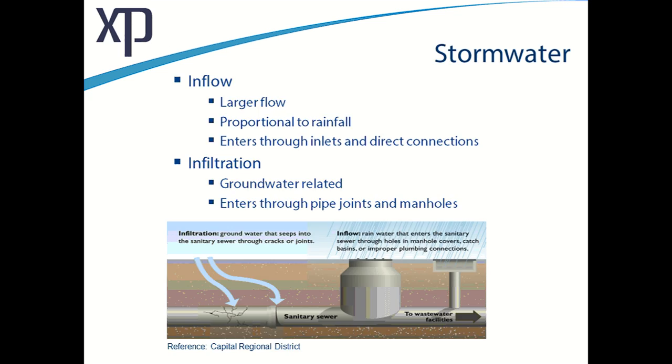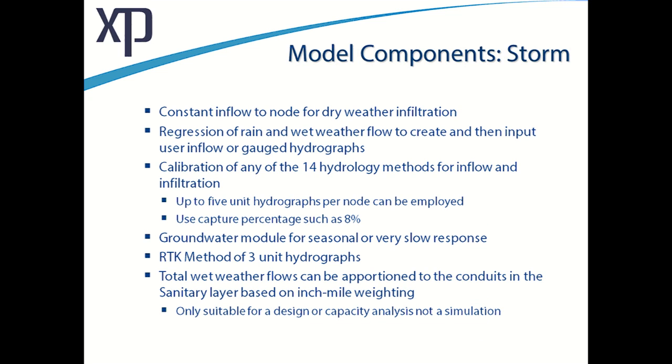So what I'd like to do is to keep moving forward here and talk a little bit about the storm components of our model. Lots of different ways to bring in data. I did like I did in the dry weather model. I can put a constant inflow for infiltration work. I can create my own runoff pattern, which, as I mentioned earlier, like HSPF does, where we create the water, and then we import the data.